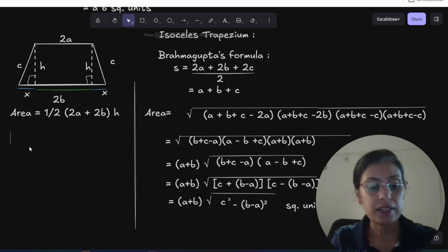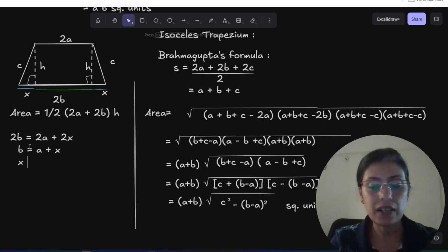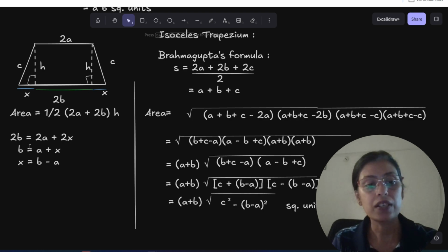So in that case, 2b will be equal to 2a plus 2x, or you can write it as b is equal to a plus x. Because x is the unknown here and we have been given the lengths of b and a, we can write that x is equal to b minus a.